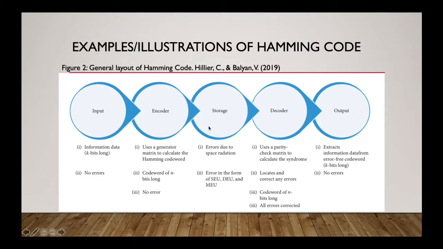And when it's put into storage, there could be some errors caused by space radiation. But then you go to the decoder, which uses the parity check matrix, which was H, and it locates and corrects errors. And then you just put it back into the output, and there's no errors. So you give an input with no errors, and you get an output with no errors.